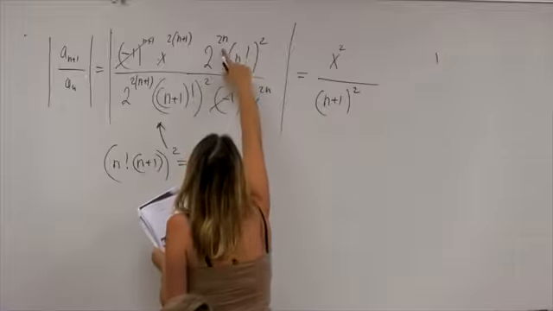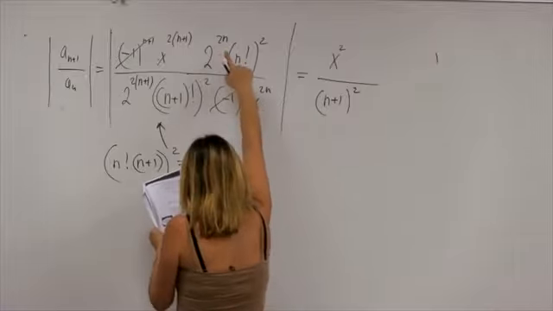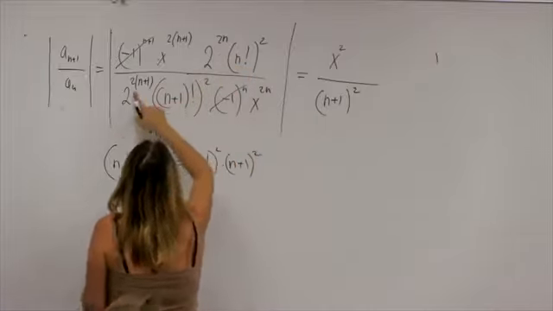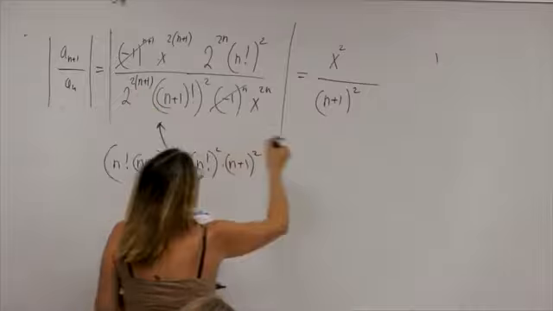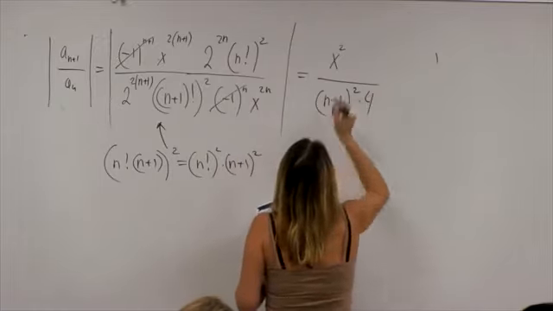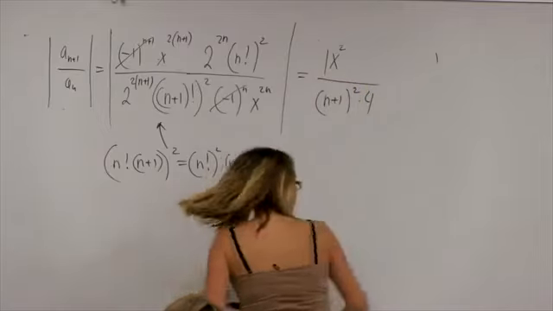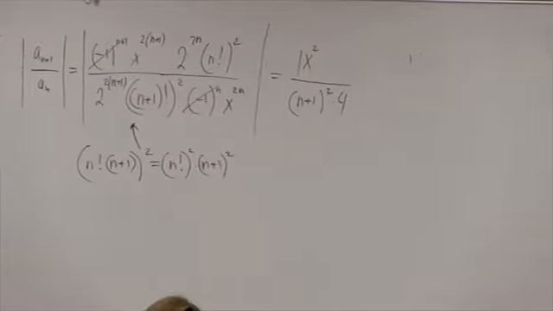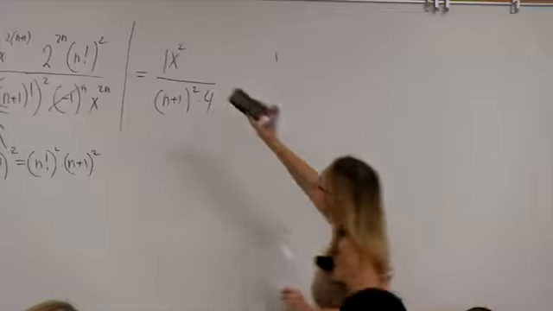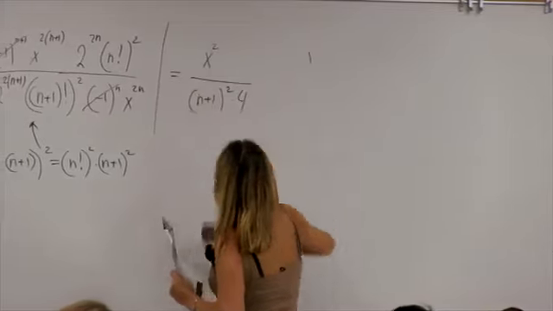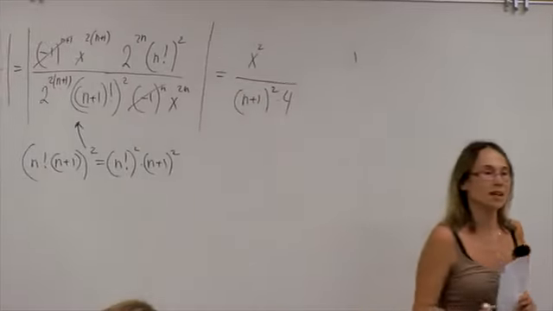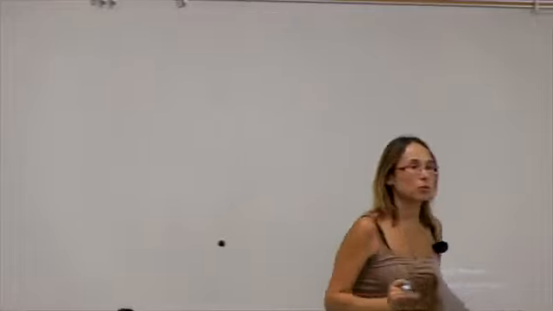And I have 2^(2n) and 2^(2n+2), so I have 4. No, I don't need the absolute value, actually. Sorry, this is a square. Okay, so after a lot of simplifications, this is what I get.